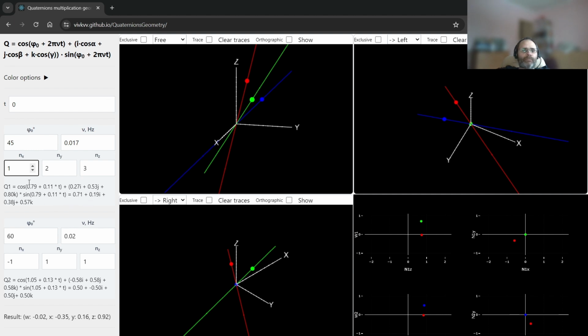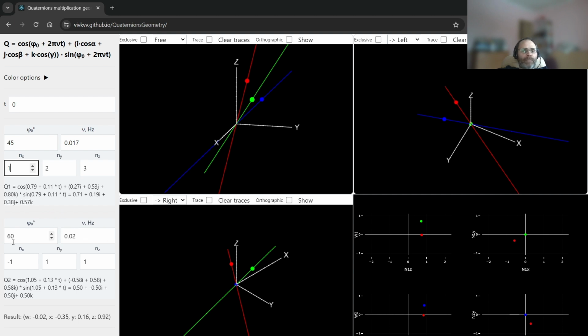Next, you can see the formula for the quaternion with specific directional vector and frequency. First time t is in general form, but then all parameters are substituted into the quaternion.